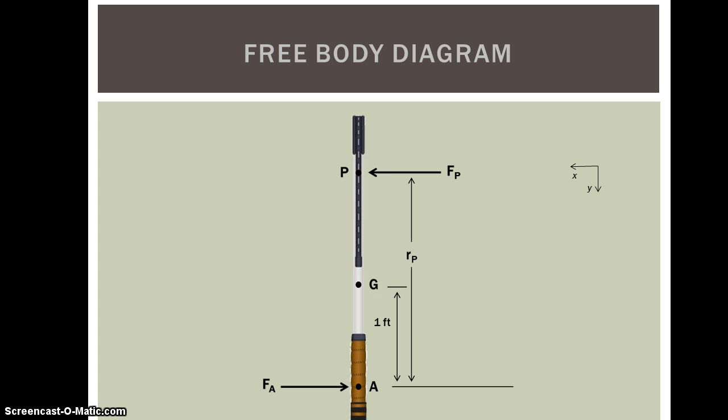Okay, so before moving to the final step, let's quickly go over what we've gone through so far. We were given the problem of a racket, and we need to find the point where the force at P can interact with the racket such that the vertical force at A is equal to 0.